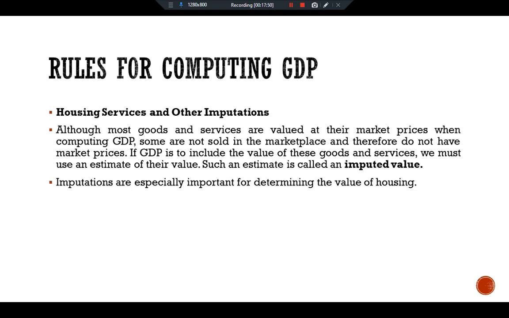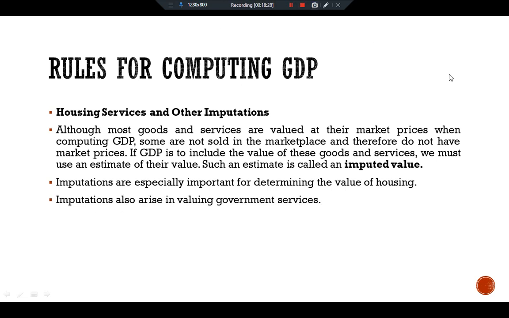Of course, homeowners do not in fact pay themselves this rent, so the Department of Commerce of different countries estimates what the market rent for a home would be if it were rented, and includes that imputed rent as a part of GDP. This imputed rent is included both in homeowner expenditure and in homeowner income.